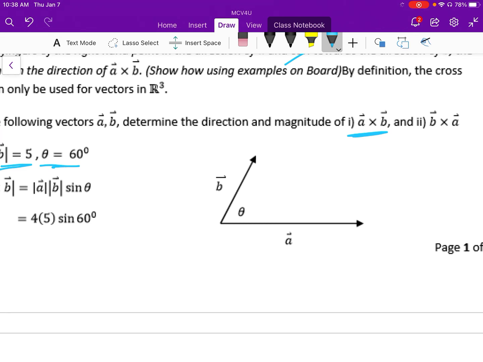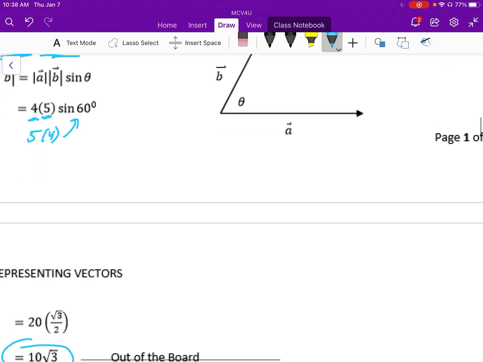We've got a magnitude and direction. For B cross A, the magnitude is identical. We know this because for the magnitude, we're dealing with scalars. So instead of 4 times 5, it's just 5 times 4, then the sine of 60. So you're going to end up with the exact same magnitude.